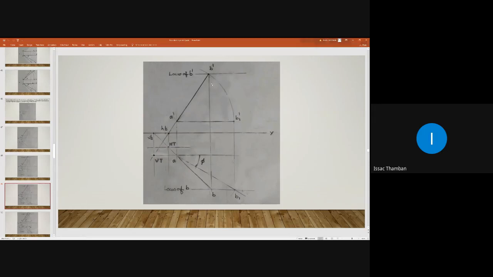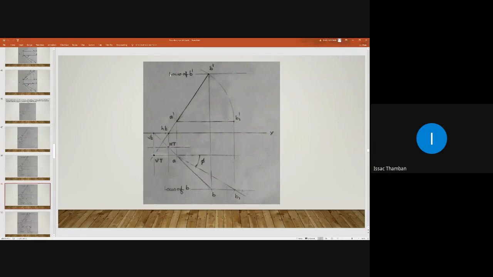Then at point B dash, you can draw a horizontal line like this, and you can name it as locus of B dash. So draw these two horizontal lines, one through point A, the other through point B dash.